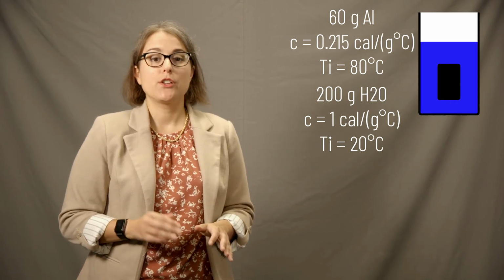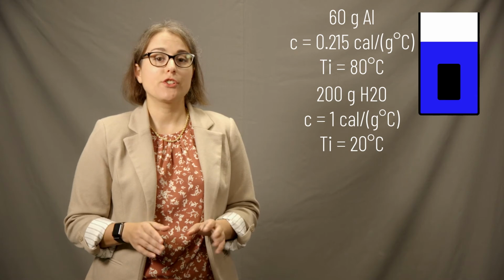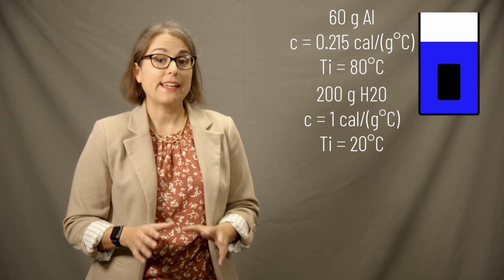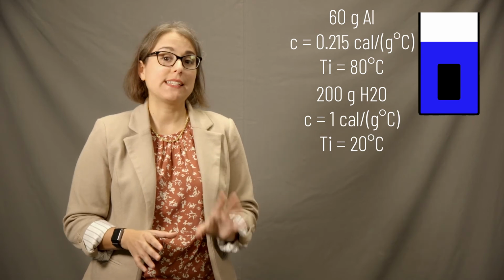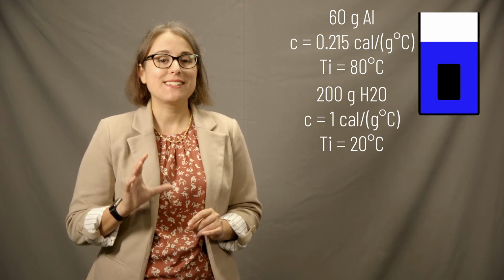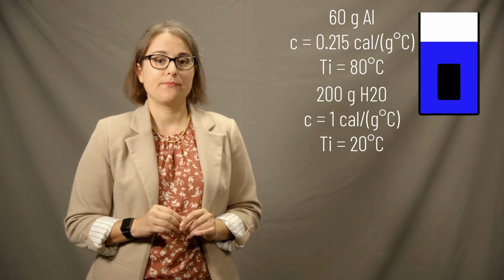Neither the water nor the aluminum undergoes a phase change in this process. That is, the water remains liquid the whole time, and the aluminum remains a solid the whole time.